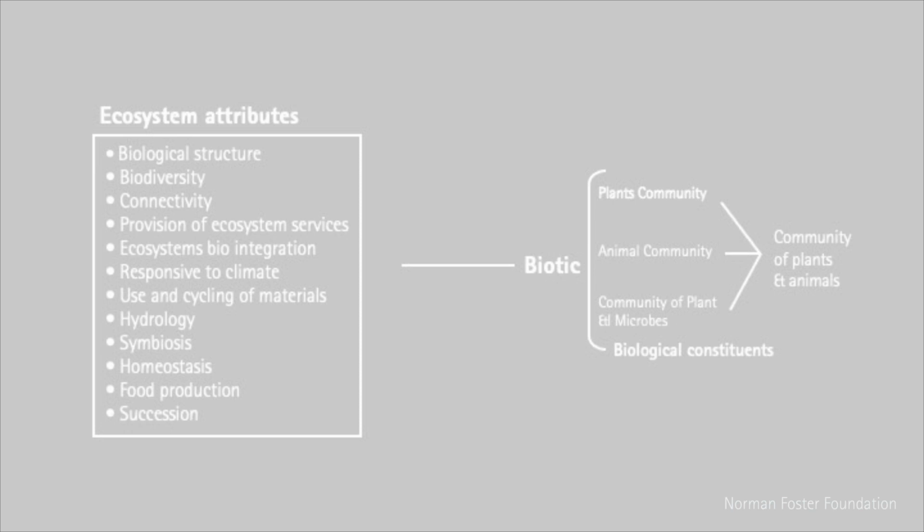Materials are used and recycled within the ecosystem. It purifies water. It has a symbiosis where species interact with each other in a symbiotic way. That's almost a homeostatic feedback system between systems in nature. Ecosystems produce their own food, and there's the process of succession.